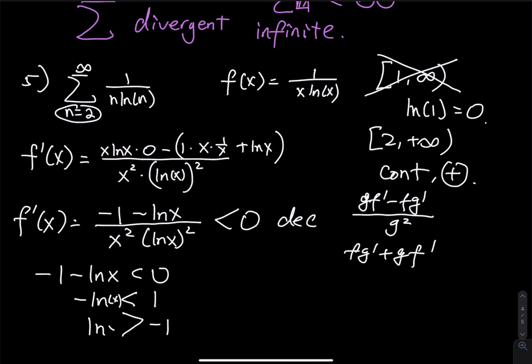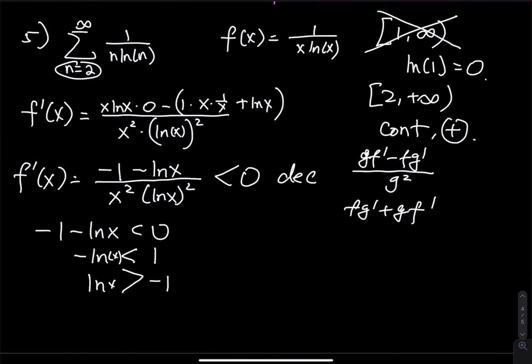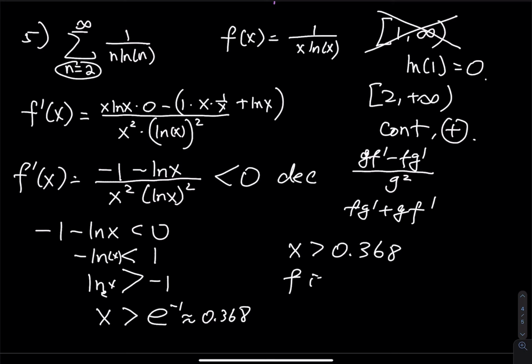Then we have to reverse the inequality symbol. And then what is this equal to? So that is raised to the, that is a base e, right? So x is greater than e to the negative 1, which is around 0.368. So x has to be greater than 0.368, but f is undefined when x is equal to 1.